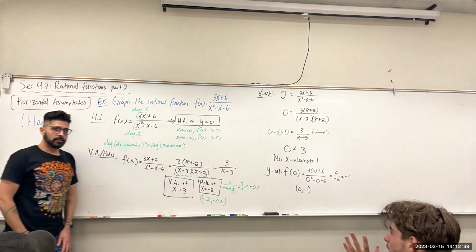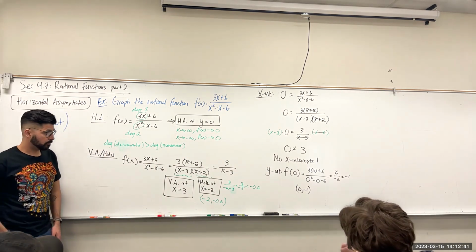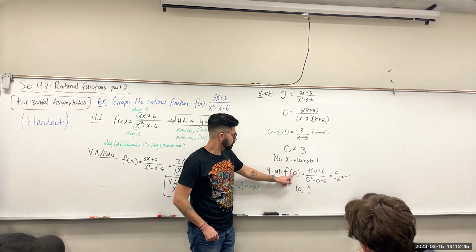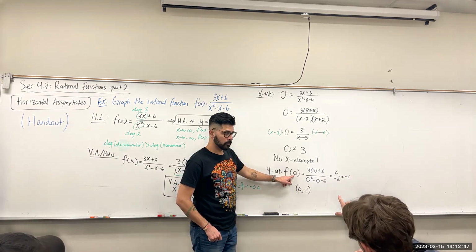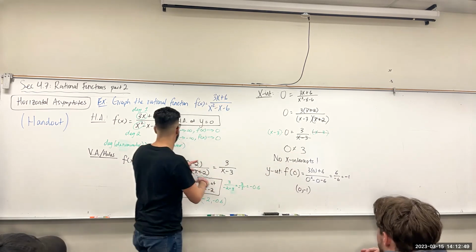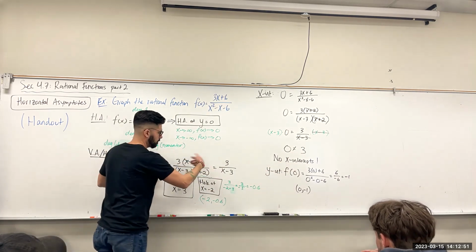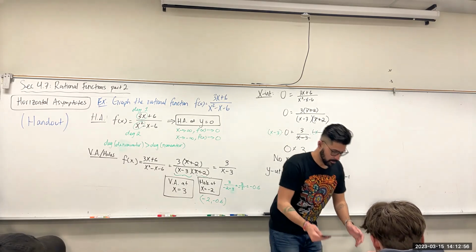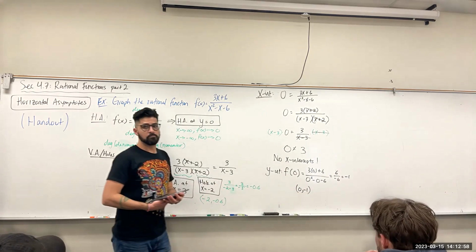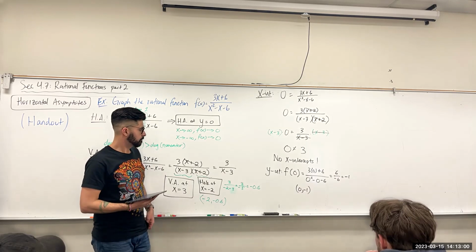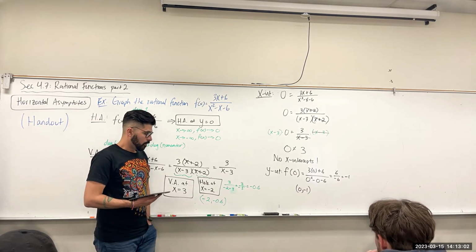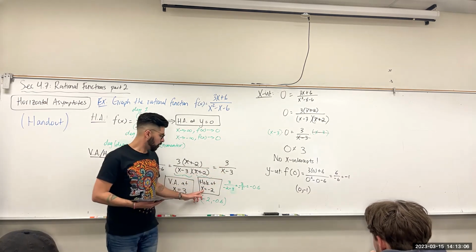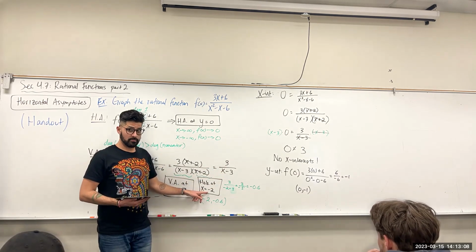Eric, you could have also, instead of using the original function, used the factored form and it would have given you the same answer. Completely, yeah, you could have used the factored one right here. You can use it in this case because the hole doesn't happen at x equals 0.